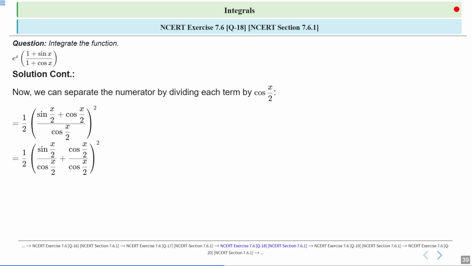Now we separate the numerator by dividing each term by cos(x by 2). So we get (sin(x by 2) by cos(x by 2) plus cos(x by 2) by cos(x by 2)) whole square. So 1 by 2 into sin by cos is tan, so it becomes tan(x by 2), and cos cancels out, so we get plus 1 whole square.